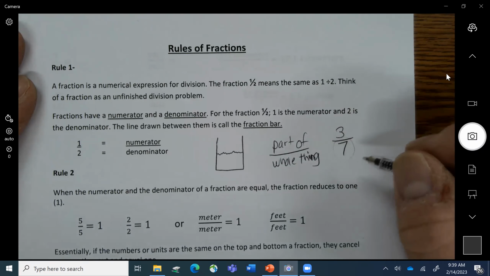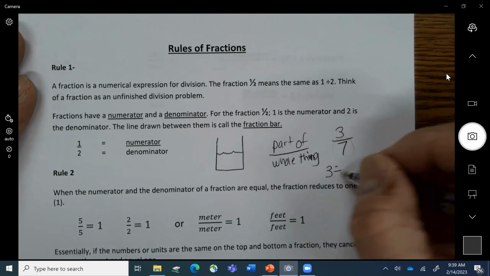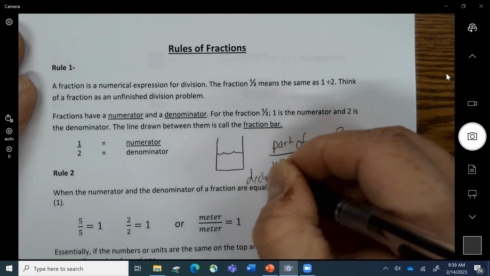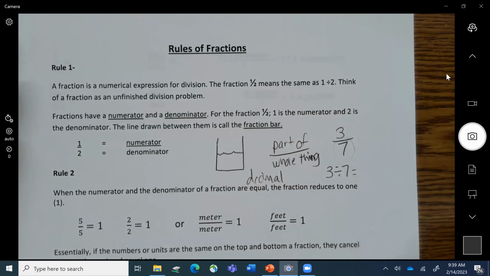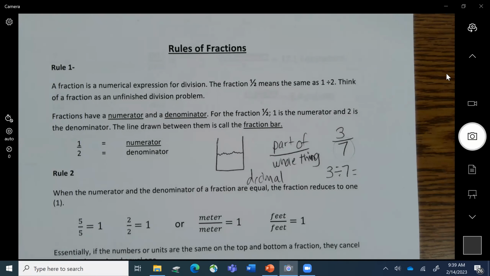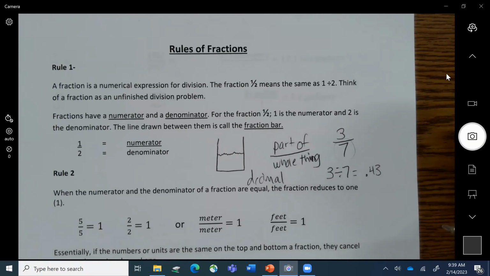The other thing about the first rule of fractions is that it is also 3 divided by 7, top divided by bottom, which gives you a decimal. It's really important to understand how that works, and it comes out to 0.43.